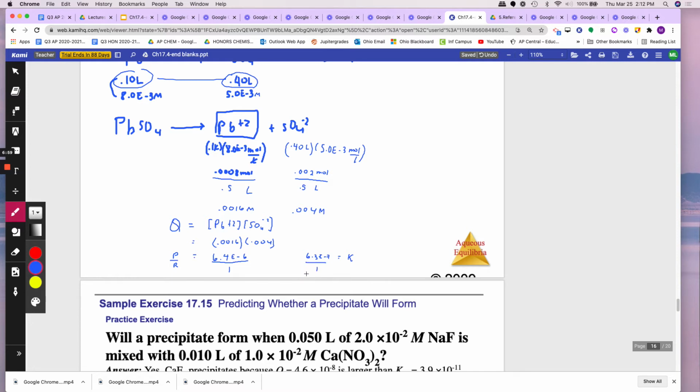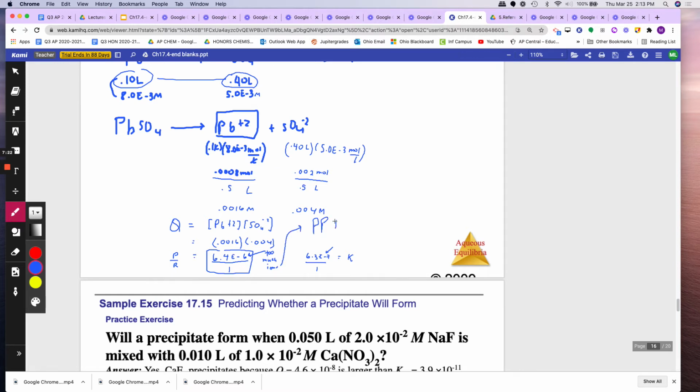Okay, so what can you say about your products in your Q? You have too much ions in there, don't you? Compared to K, this number is bigger. If you have too much ions, you will get a precipitate. PPT is short for precipitate.